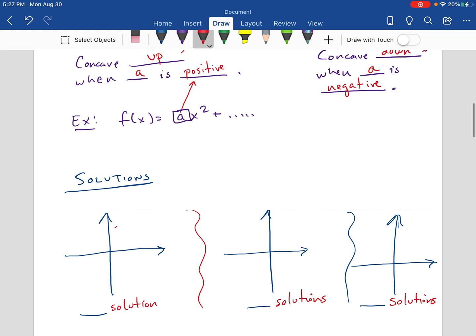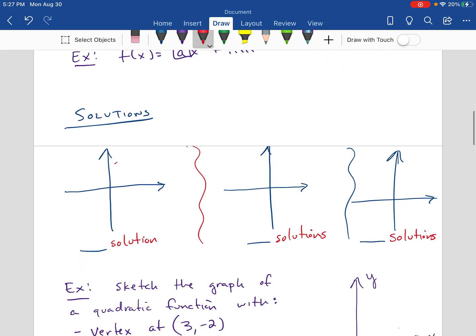Now, there are also 3 different types of solutions when we are dealing with quadratics. The first one is where your graph might look like this, where it barely touches your x-axis. That means that you have one x-intercept and you have one solution here. Another option, something like this.